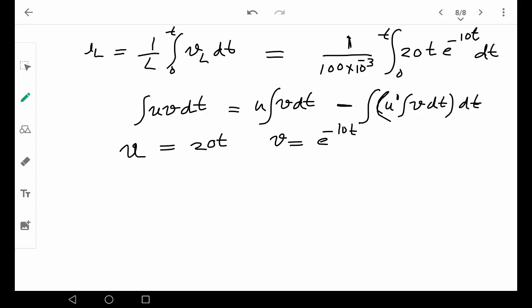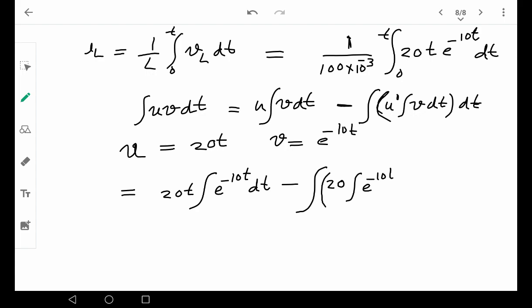So then this integral becomes u is 20t, integral e raised to minus 10t dt, minus integral of u dash, that is 20, integral e raised to minus 10t dt, right?